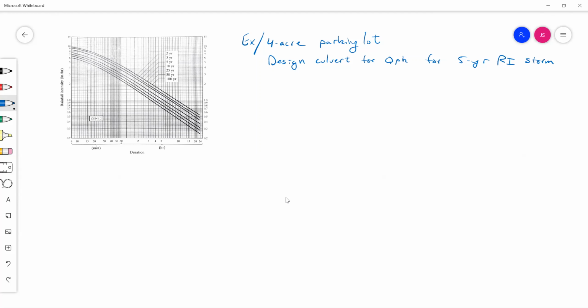We'll note that the 5-year occurrence interval storm is 1/5, which is equal to a 0.2 AEP storm, just to keep that in mind.